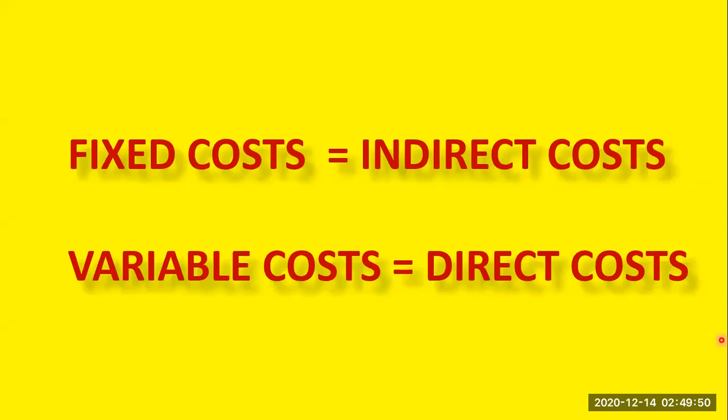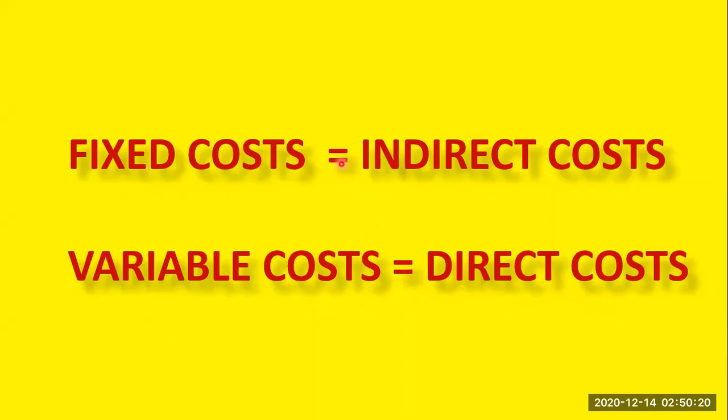All right, well, I decided to use these two colors on this important information. It's kind of shocking, I know, because it's bright, but it's very important we remember this. We can call them fixed costs or indirect costs, or we can call them variable cost or direct cost.